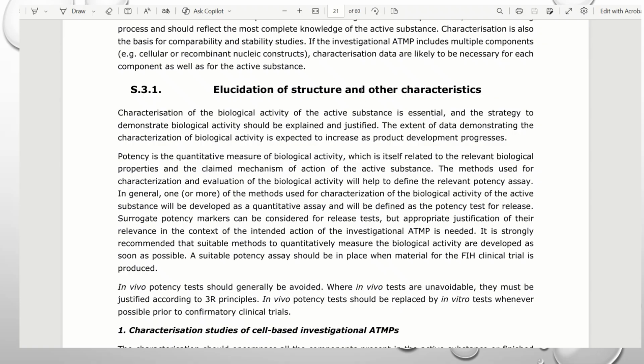Elucidation of structure and other characteristics. This is again looking at your mechanism of action in more detail, and providing an orthogonal approach and orthogonal analysis. And this is really relevant for these types of products because their mechanism of action is not just one thing, it's a series of a cascade and a series of events that occur that lead to cell death.